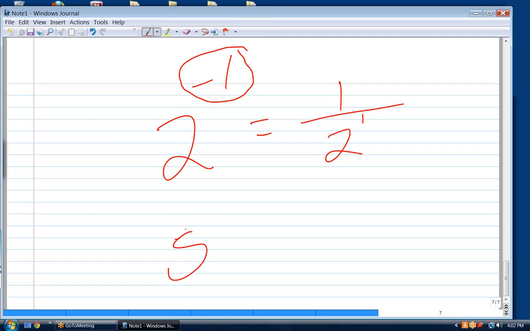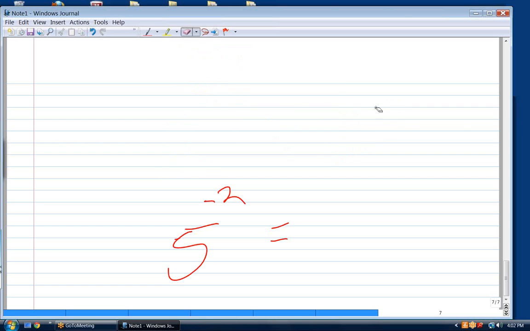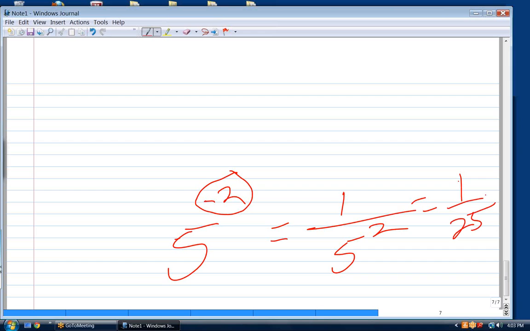So if I have 5 to the minus 2, what does that equal? Reciprocal, so you have 1 over 5 squared. In other words, the only thing we need to do with that is put 1 over the number to the positive exponent. So that's 1 over 25.